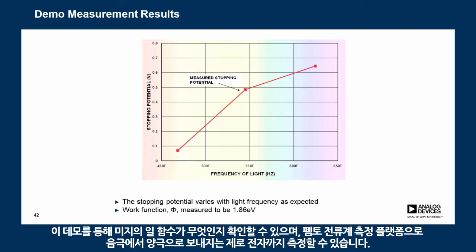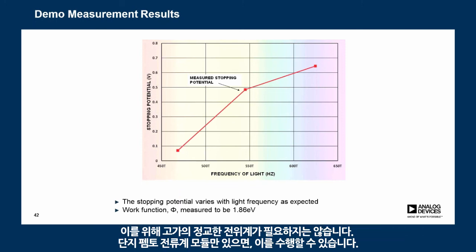So this demo allows us to determine the unknown work function, and it is done with the femtoampere measurement platform to essentially measure down to zero electrons being swept from the cathode to the anode. And we don't really need any expensive or sophisticated electrometers for this. Just a femtoampere module would do.